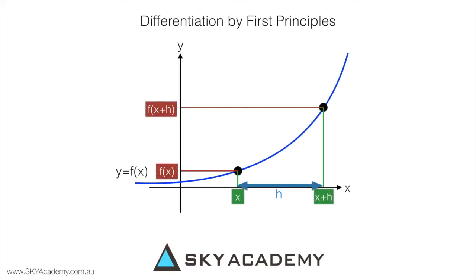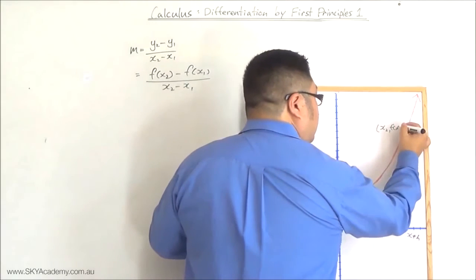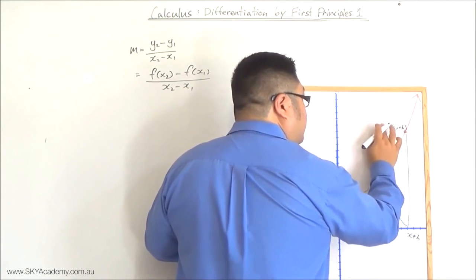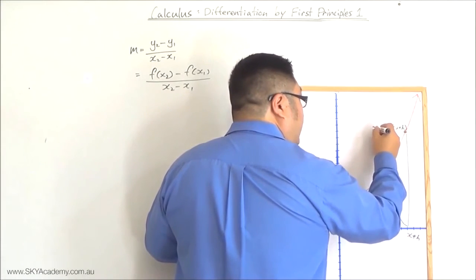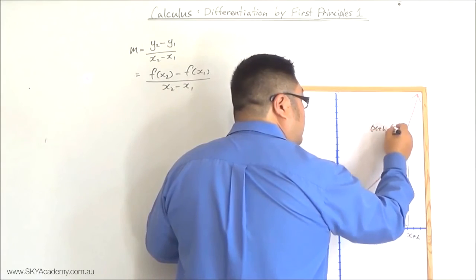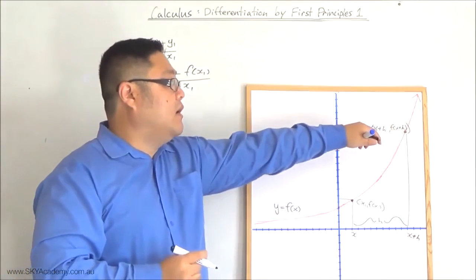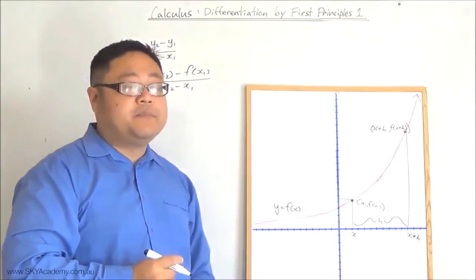So this point here would not be f of x, it would be f of x plus h, and this point here would be x plus h, comma, f of x plus h.